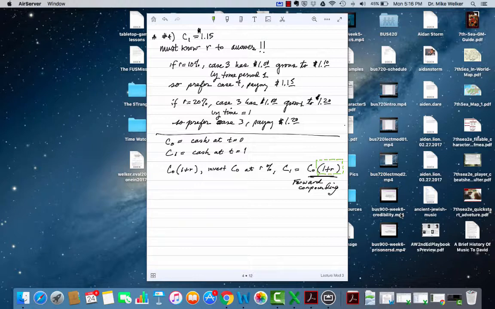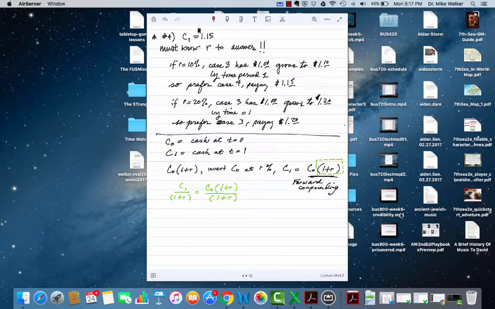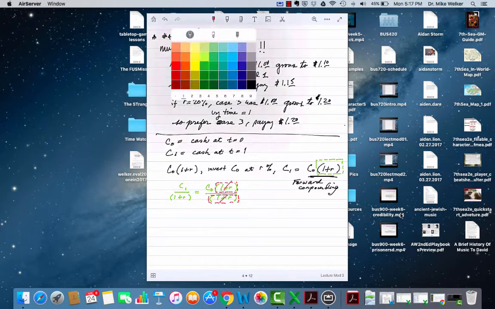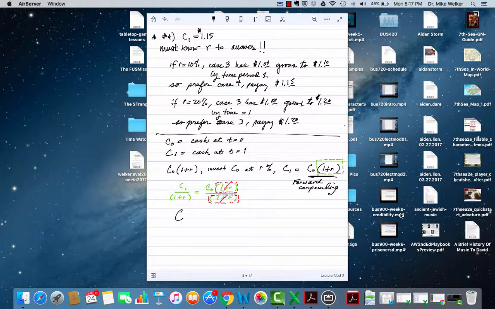An intermediate step would be C1 divided by 1 plus R becomes C0 times 1 plus R over 1 plus R. We know from basic algebra that this is really a common factor, so we can cancel that, and that leaves us with C1 divided by 1 plus R is equal to C0.